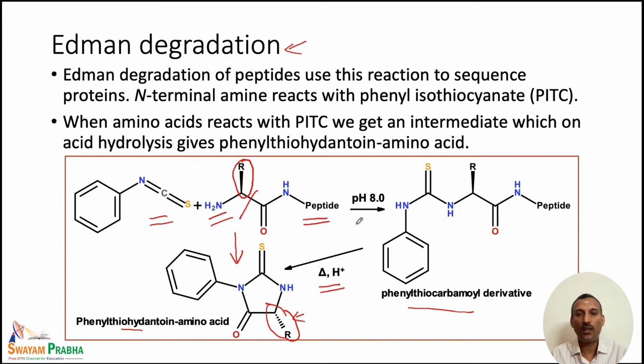Like that, we can sequence the entire peptide, one amino acid after another. This is a very important reaction, and it is also called the Edman degradation reaction.